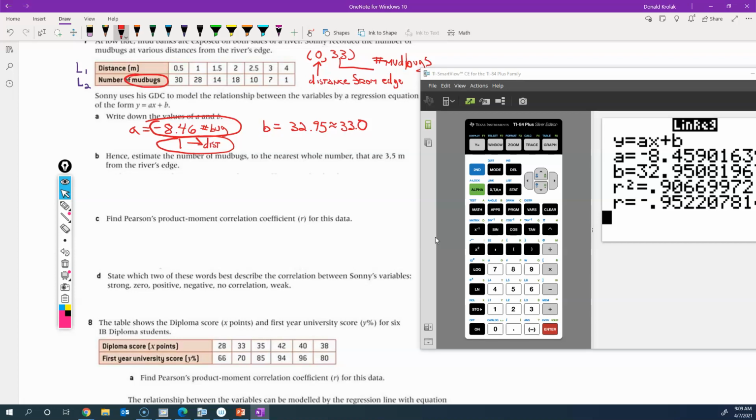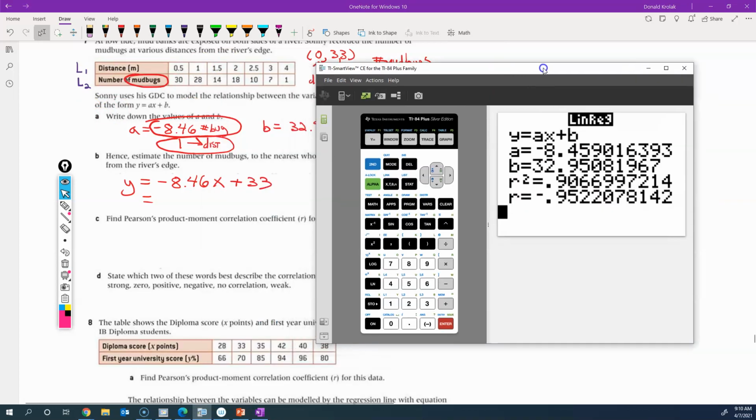All right, so now once you got that, here's your equation, y equals negative 0.46x plus 33. Okay, and x is your distance. So you can just plug 5 into that, or to use a more accurate version, you can use these numbers. And the way that we did that, we cleared this.